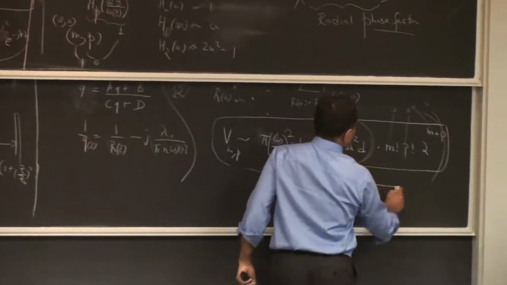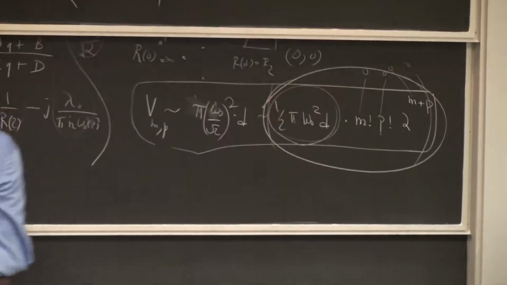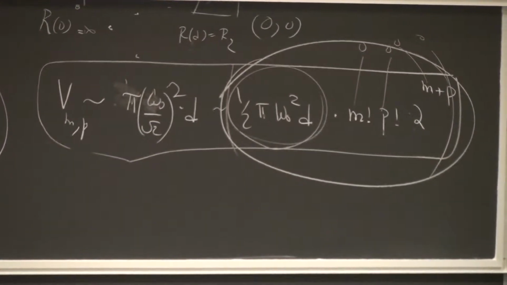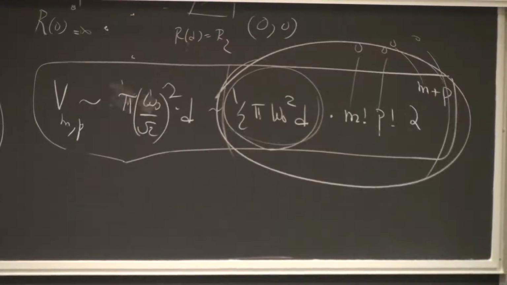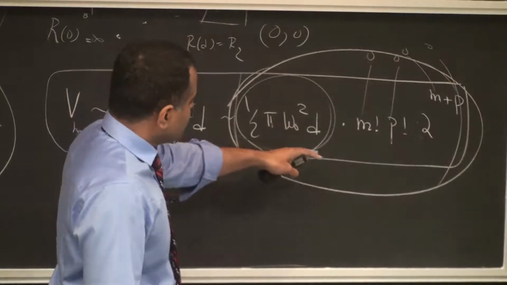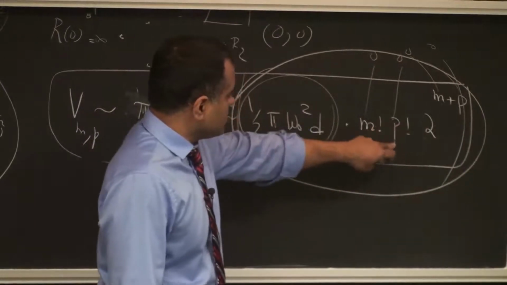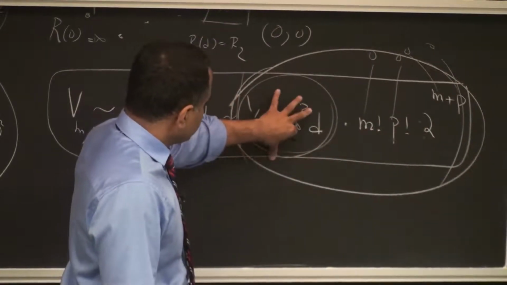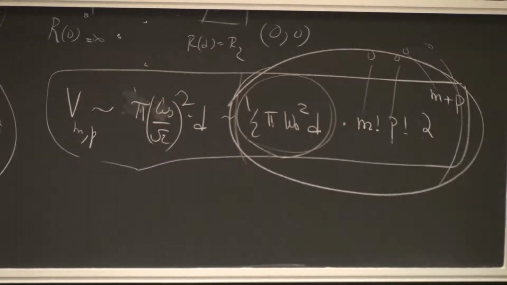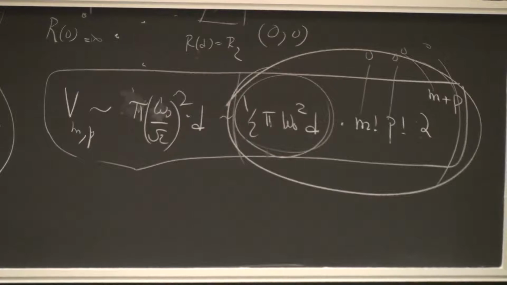This is what you get once you do that. That's the mode volume. And interestingly, if I have a Gaussian beam with m, p equal to 0, the 0, 0 mode, then this is my mode volume. I have w naught squared times d. d is the laser cavity length, that's physical, and w naught is the beam parameter.